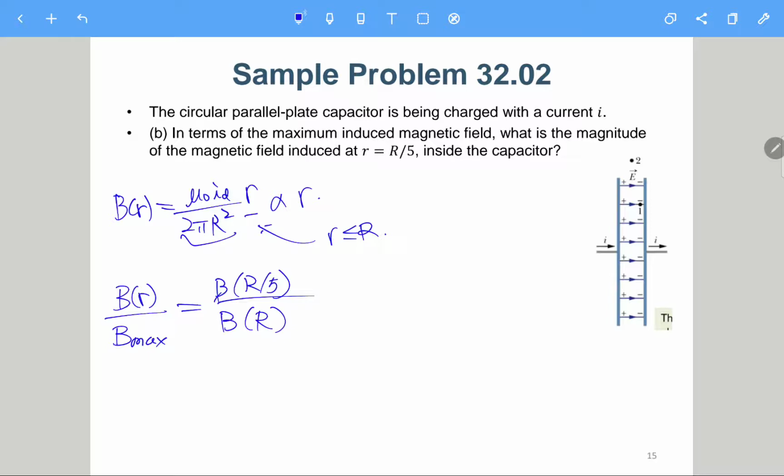So the maximum point should be at this point. So this should be nothing but 1 over 5, because we just plug in here, here, and here. So B of r should be 1/5 B max.